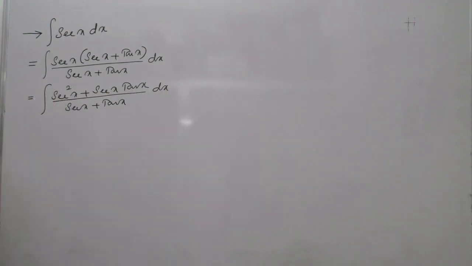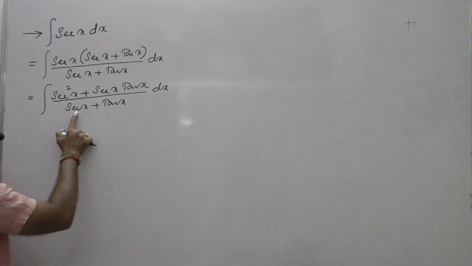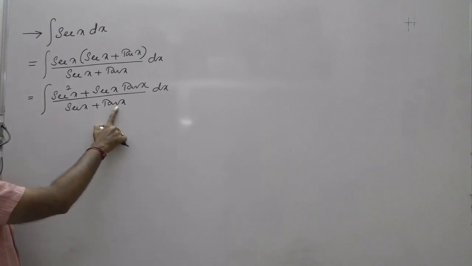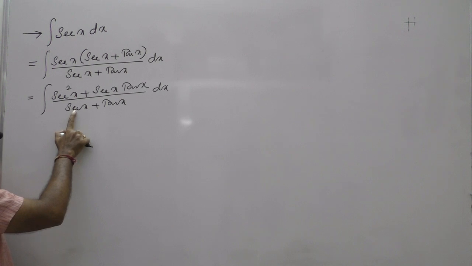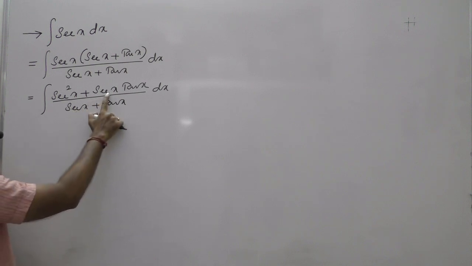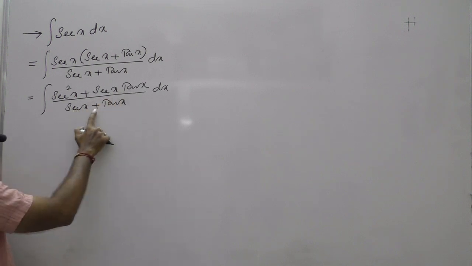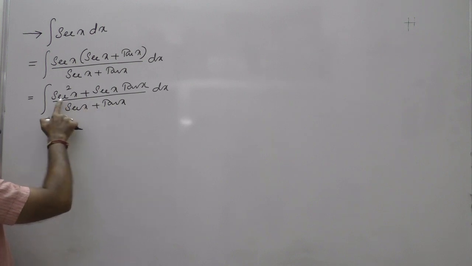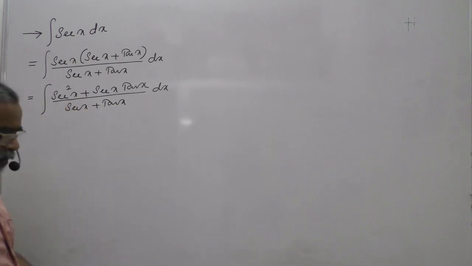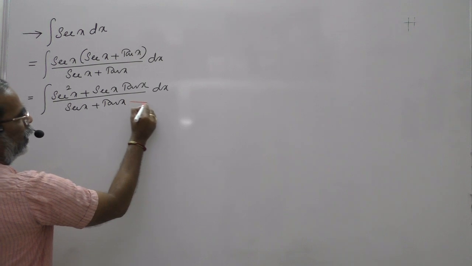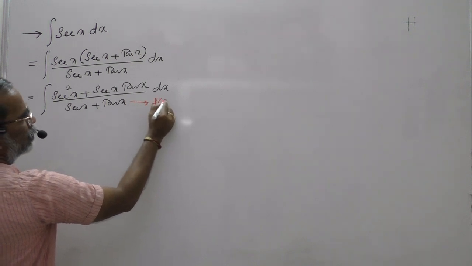You see this fraction. In the denominator, sec x plus tan x is there. What is the derivative of sec x? Sec x tan x, plus the derivative of tan x is secant square x. Therefore, I can take this as f of x.